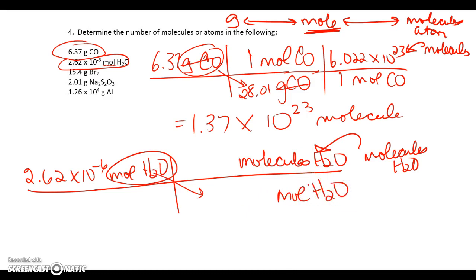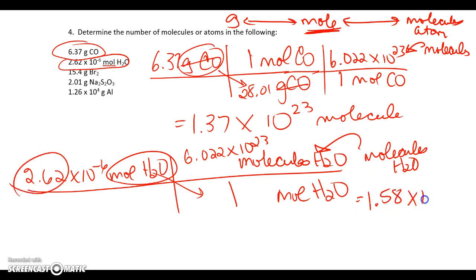Well, Avogadro's number tells me for every 1 mole of water, I have 6.022 times 10 to the 23rd. So let's do the math here. This number times 6.022 times 10 to the 23rd equals, I have what? 3 sig figs, 1.58 times 10 to the 18 molecules of water, right?